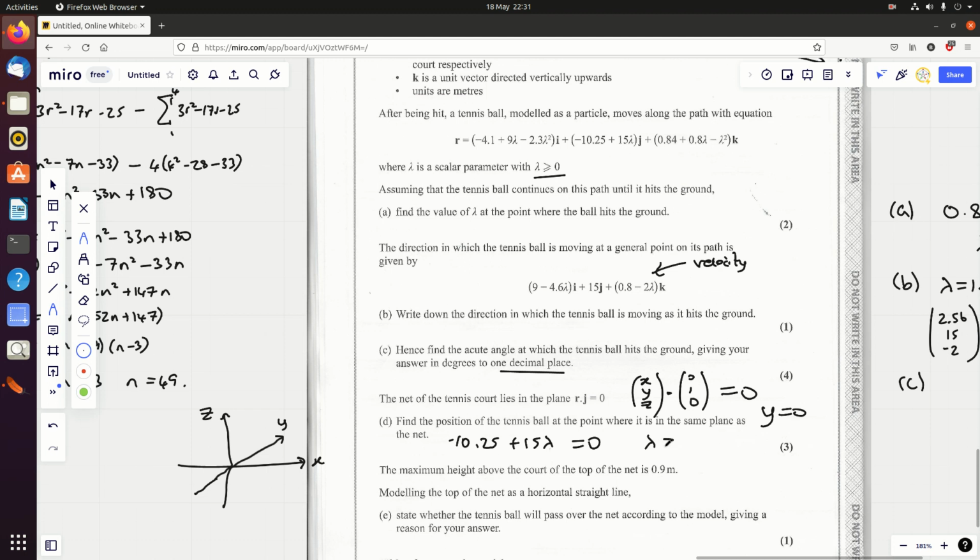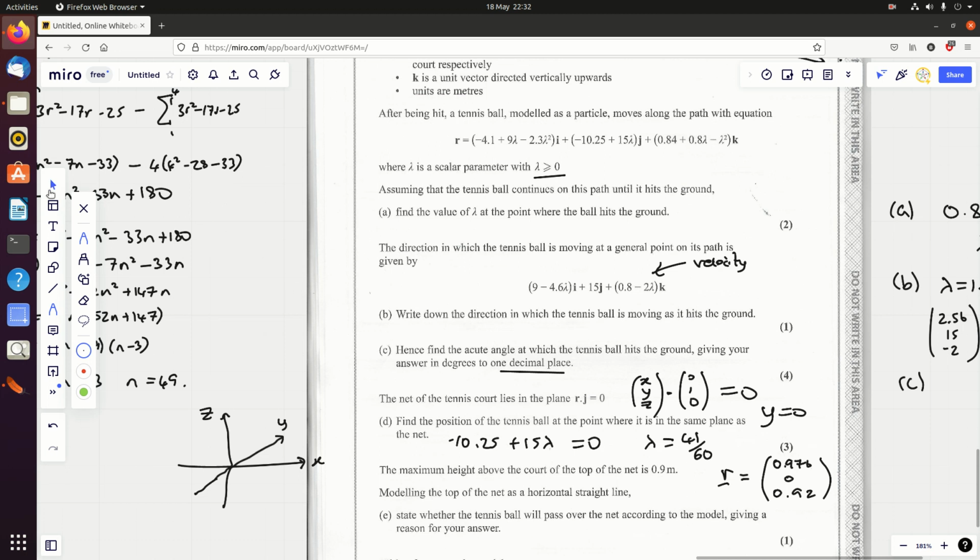We solve that to find that lambda is 41 over 60, and then we plug that in to all of these things here, and I think you get some ugly numbers, which doesn't help students in an exam. 0.976, 0, 0.92, for your x components and your z components for the position.